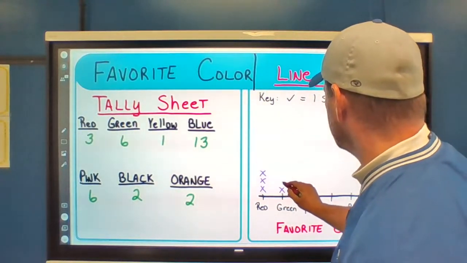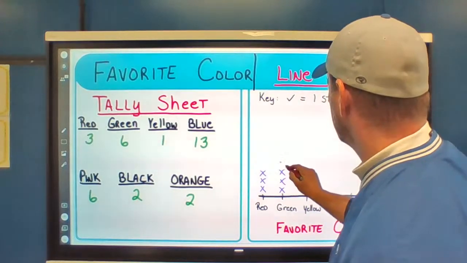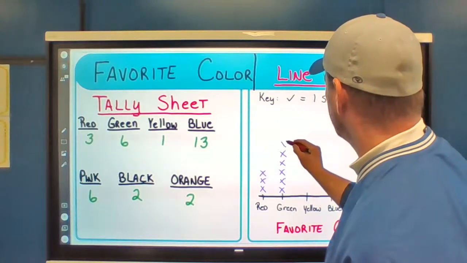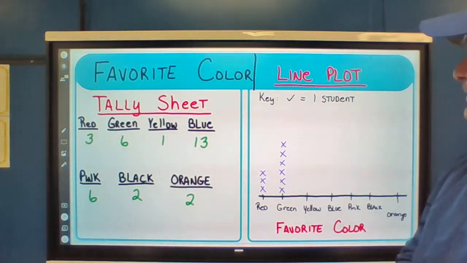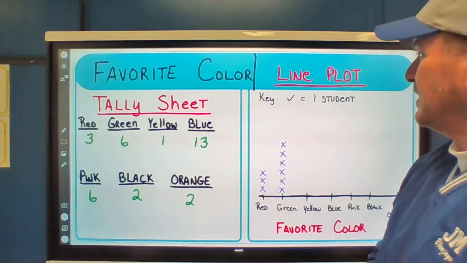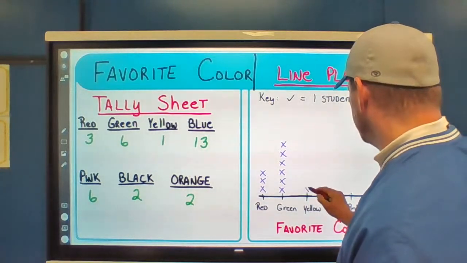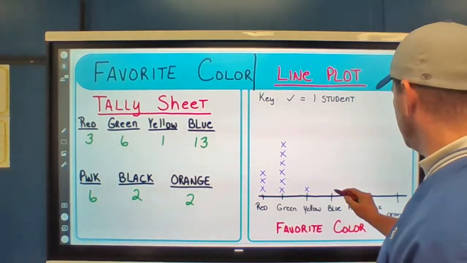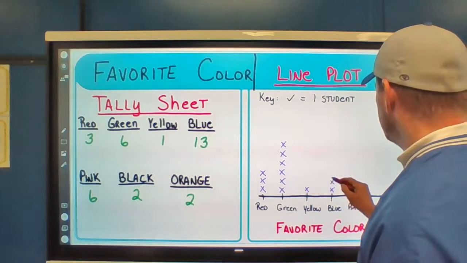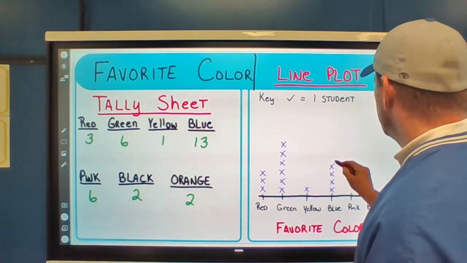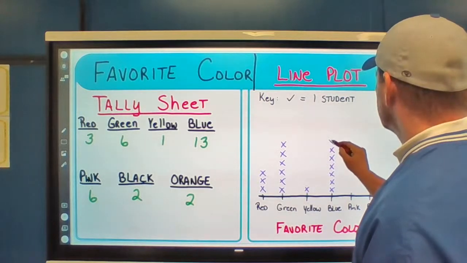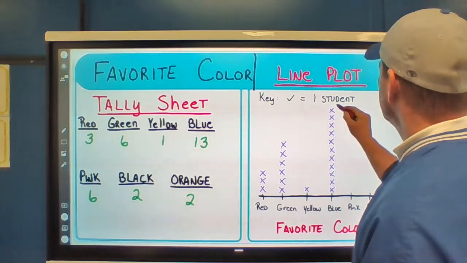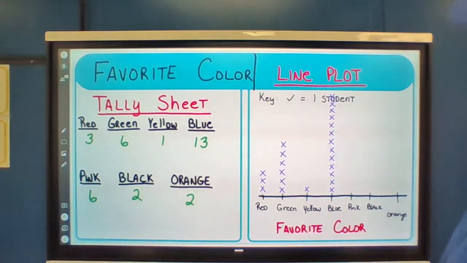So here I must do 6: 1, 2, 3, 4, 5, 6. Yellow, 1. One person said yellow was their favorite color. Blue, 13: 1, 2, 3, 4, 5, 6, 7, 8, 9, 10, 11, 12, 13.